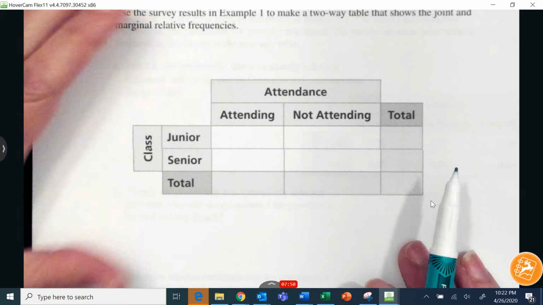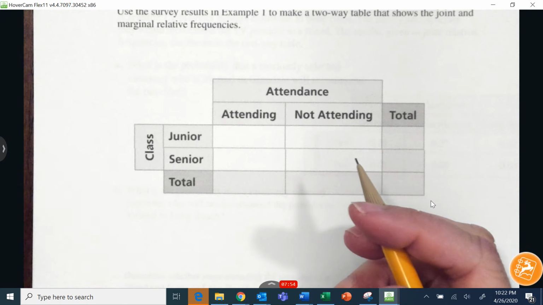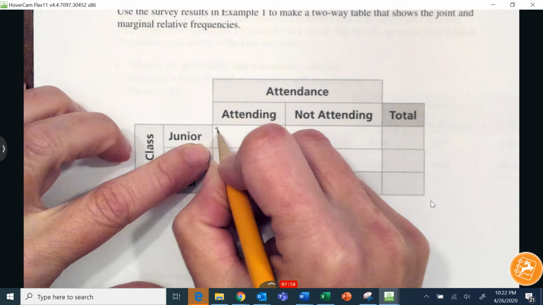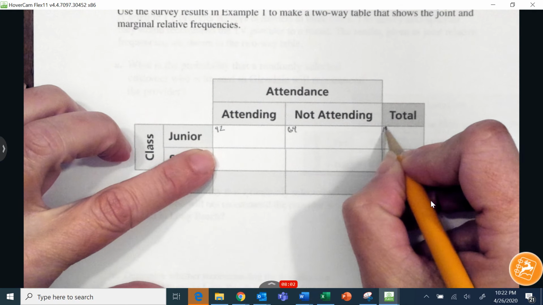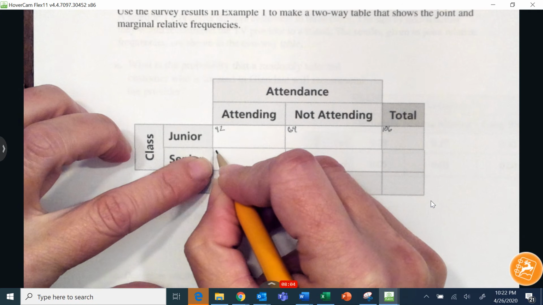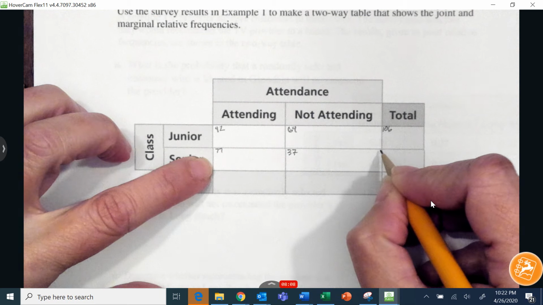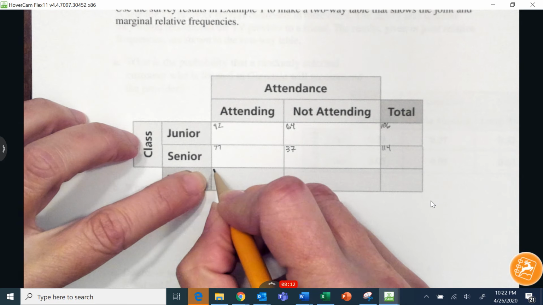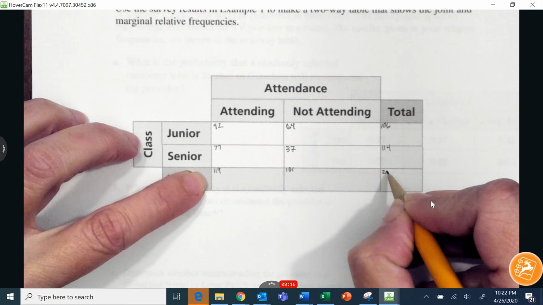So quickly, I'm just going to copy over the values that we had since the table is on the other page. So I had a 42, I had 64, 106, 77, 37, 114, 119, 101, and 220.